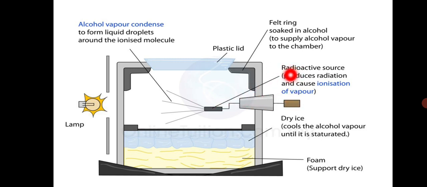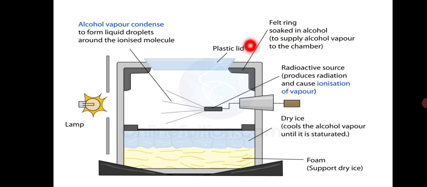Once the radiation enters the chamber, it's going to form streaks, the tracks, to show the intensity of radiation, be it alpha or beta. It also has a lid made of plastic and transparent for you to make observations through it.